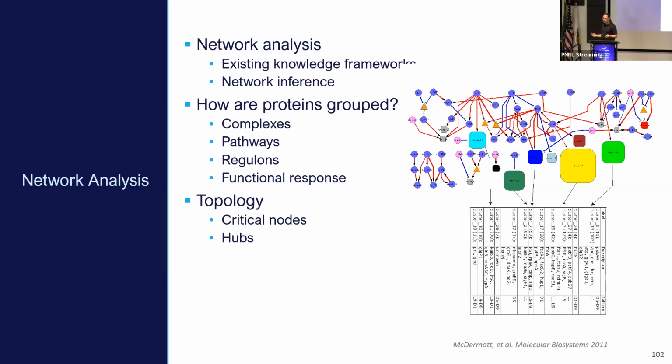Those relationships are inferred, so they don't necessarily mean anything physical. They don't mean that things are physically interacting. They don't mean that they're co-regulated, but they can be useful, and I'll show you a couple of ways that they can. And one of the ways has to do with topology. So talk about that.